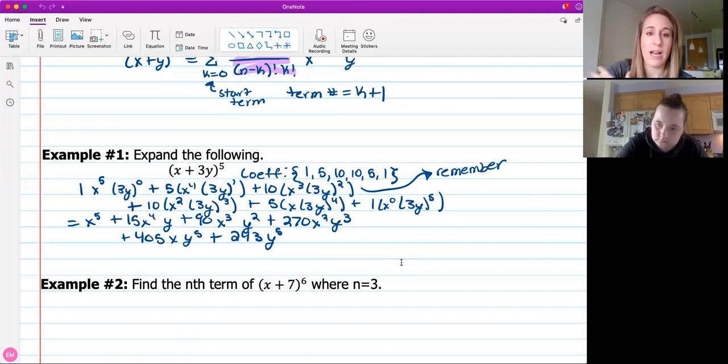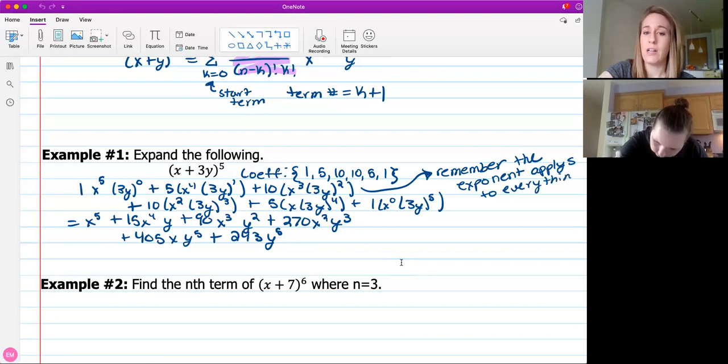So just be careful. I see a lot of mistakes because people forget to apply the exponent to the numbers inside their parentheses. Generally, if your numbers are not coming out correctly, the problem probably is that you forgot to raise your coefficients to that exponent. You probably just did the variable.